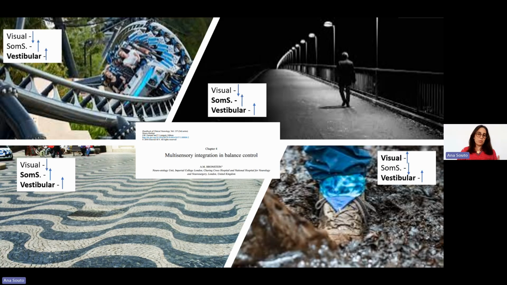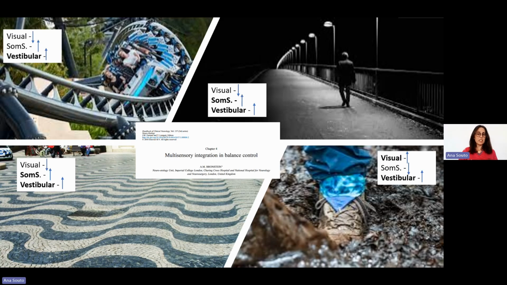On the bottom left, we have a situation where it's not about the amount of visual information, it's the quality of this information, because it is not making sense. This is a cobblestone walk in Lisbon. We have this a lot in Portugal, where this image tricks us into thinking that the floor might be moving, that there might be ups and downs, and we know that it's not what is happening.